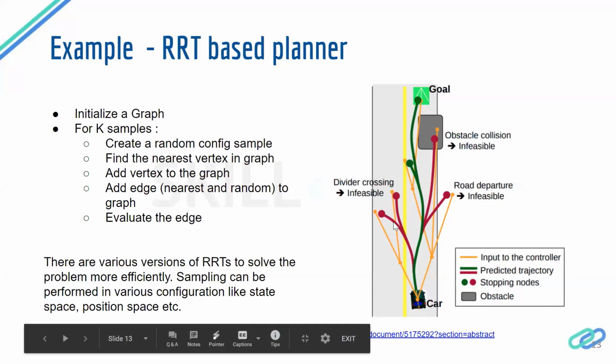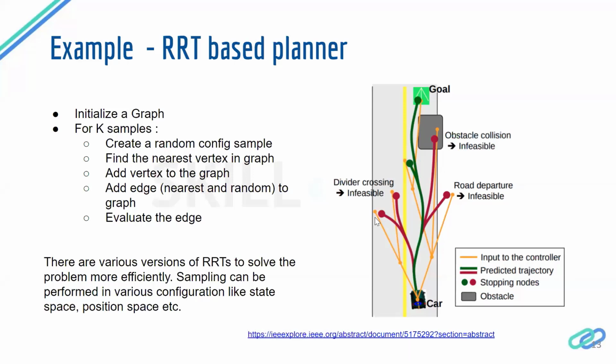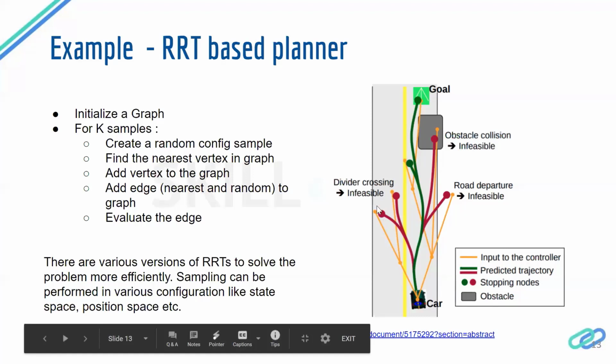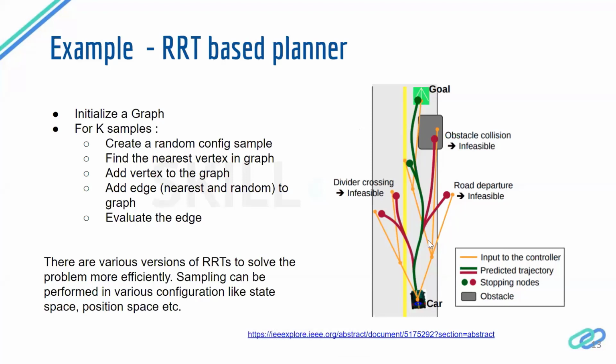Now when we expand the trajectory, say this one is driving to the left with 2 meters per second squared acceleration. So the vehicle is driving into the other lane, and we don't want that. So we mark this trajectory as a bad trajectory, a stopping node. Similarly on the right, there are three more samples, and one of these samples drives into the obstacle.